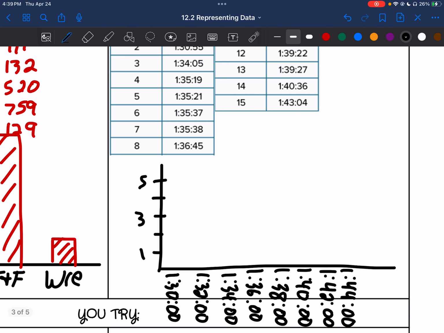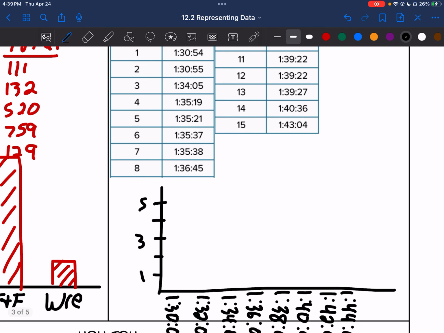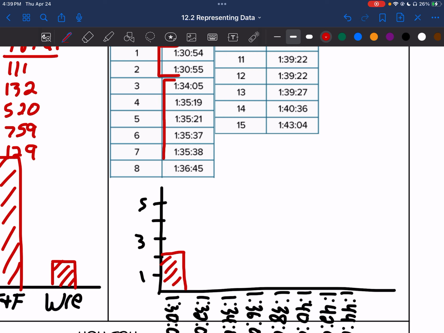So in my first interval, that hour 30 to below hour 32, we have two values. So we're going to make a bar that goes up to 2. All right. Our next interval from 132 to 134, there's nothing in between there, so we skip it. The next one, we've got 134, 135, and all the way down there, but then we got to cut it off.